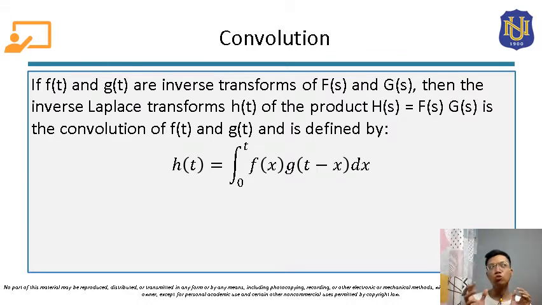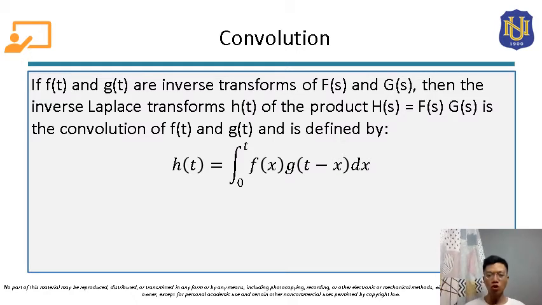And then what we're going to do is assign one of the given functions as f of t and g of t, wherein f of t and g of t are the inverse Laplace transform of those factors, respectively. Then we express f of t as f of x, and we express g of t as g of t minus x, and we substitute those equivalents to this formula, and then we integrate with respect to x, with limit from 0 to t.